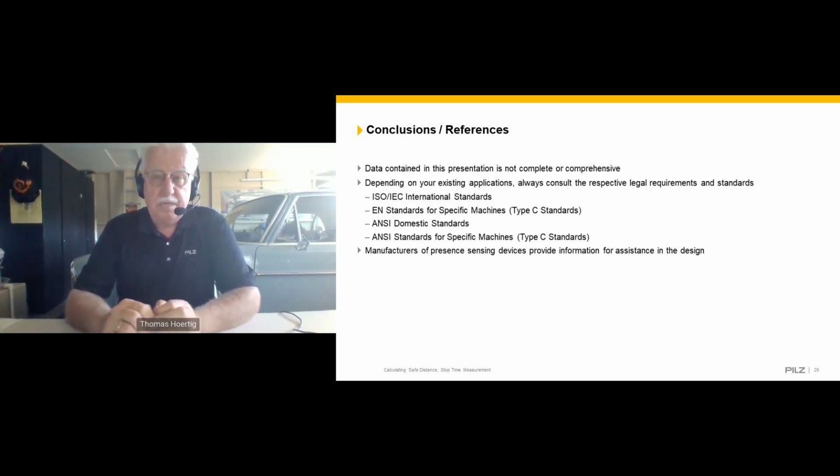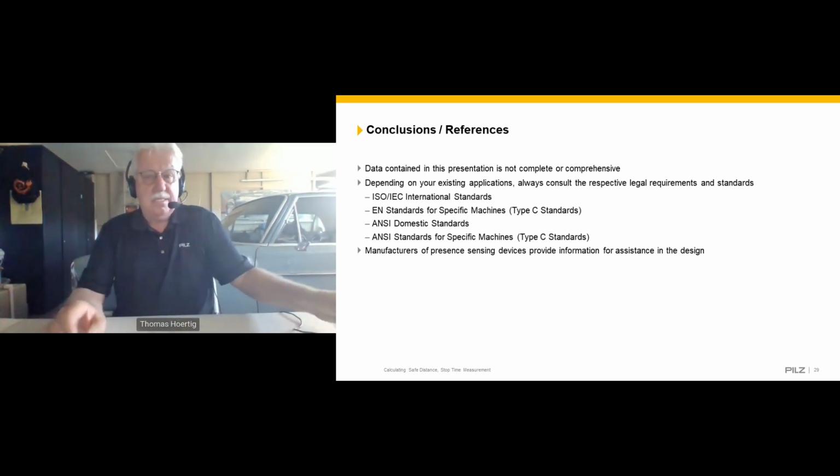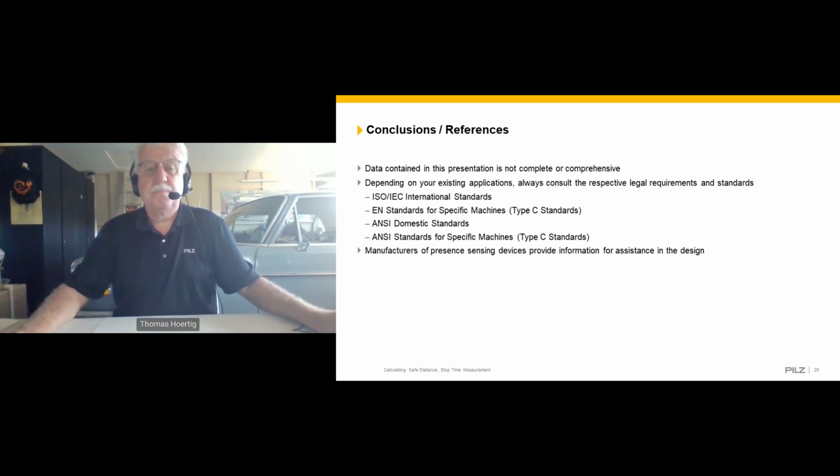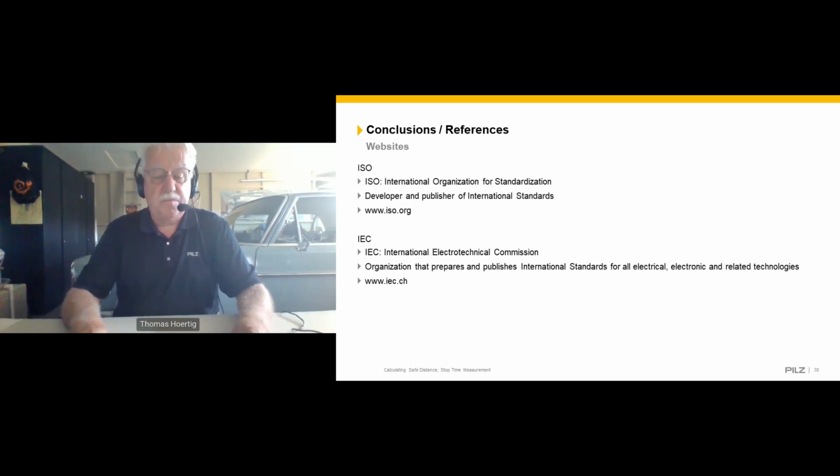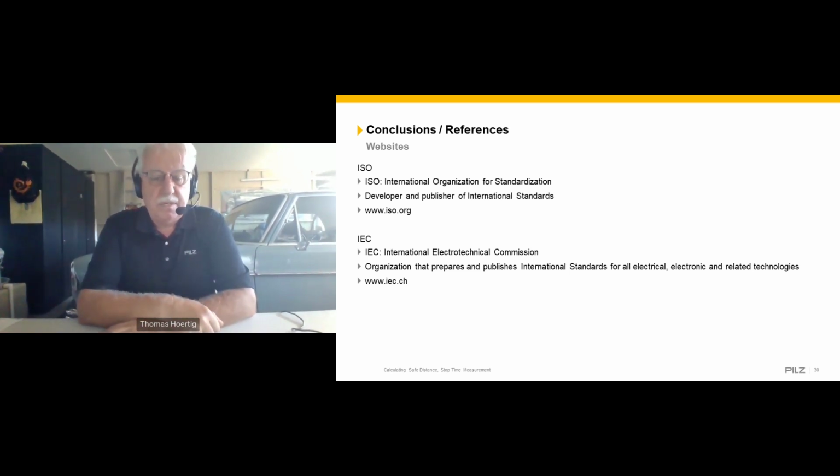And also manufacturers of those presence sensing devices provide information on assistance for your design. Also, as a reference, some of the websites where to get these standards. So ISO standards is the International Organization for Standardization.